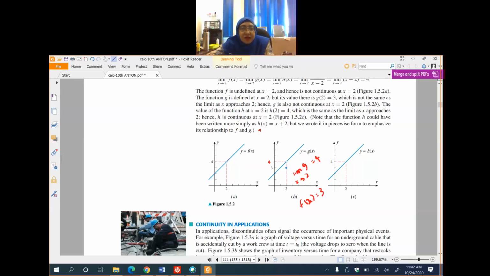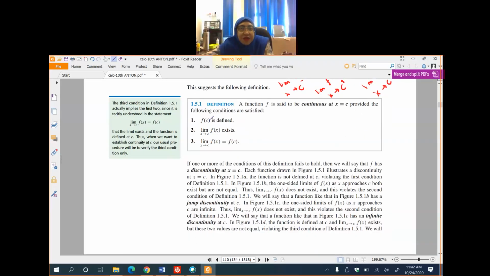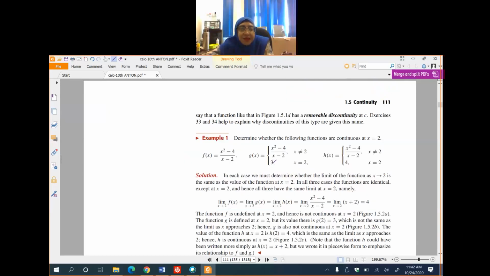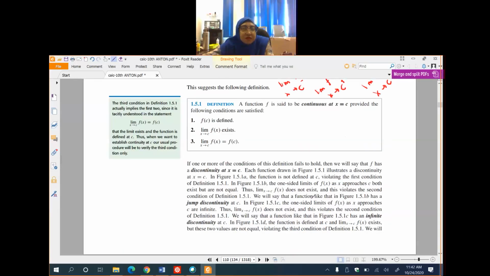And what about this one? This graph is not a continuous function because f of 2 is not defined, so it failed the first condition. And for this one here, the limit of g as x tends to 2 and f of 2 are not the same, so it failed the third condition.